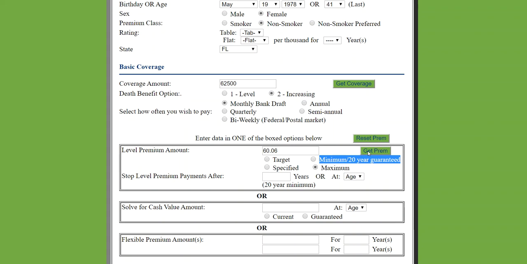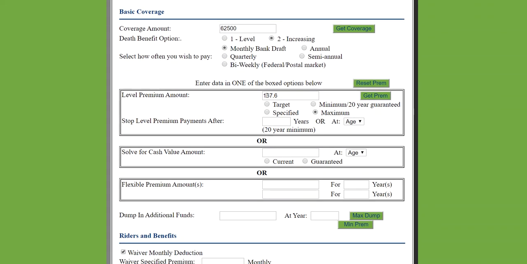And the maximum the customer can send into her policy is $167.60. It's going to illustrate the maximum accumulation at that level. The customer could potentially send more money if the face amount for the UL is higher.